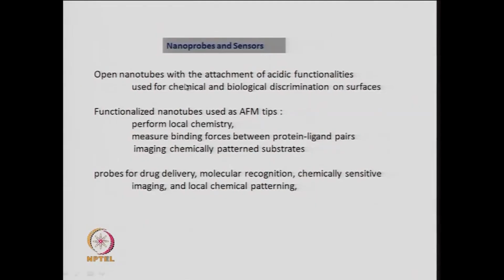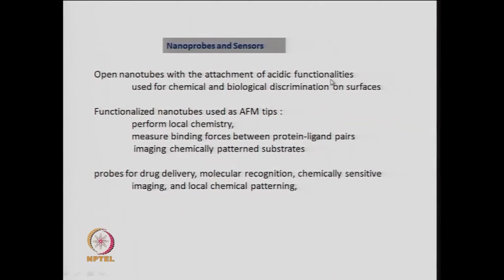Now, as we discussed earlier, you can have open nanotubes, that means nanotubes which maybe were closed and then opened at the end where you have defects or where you have these pentagonal rings, and then you can attach functionalities.